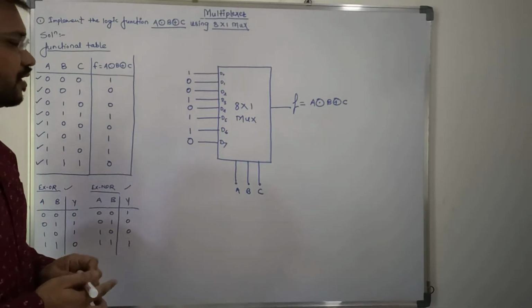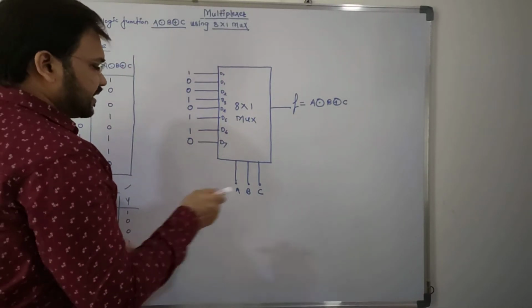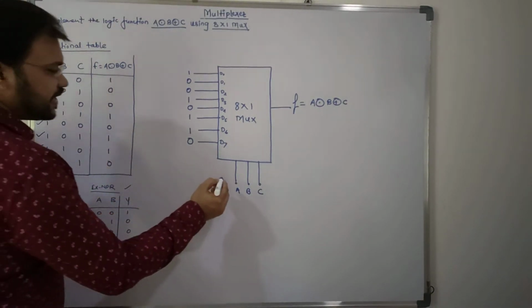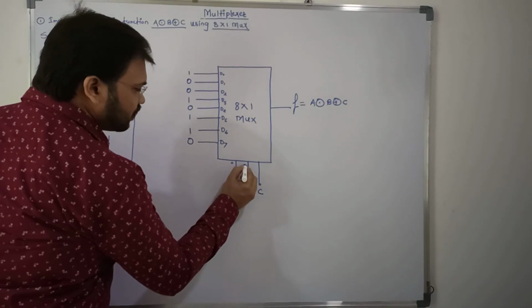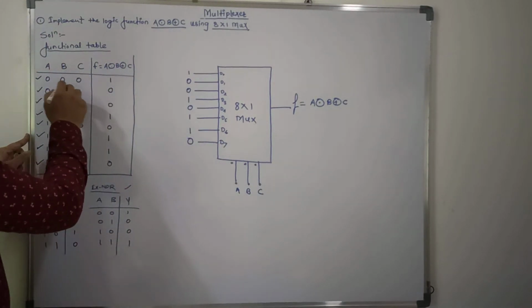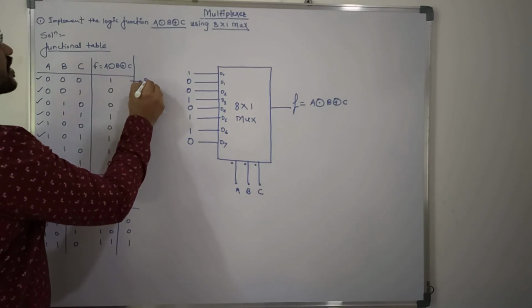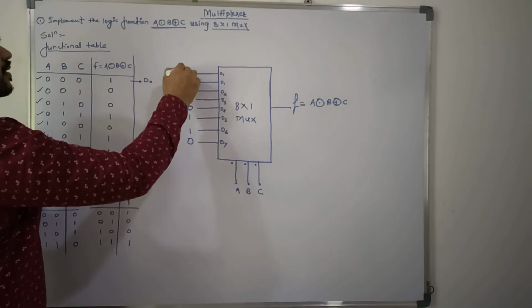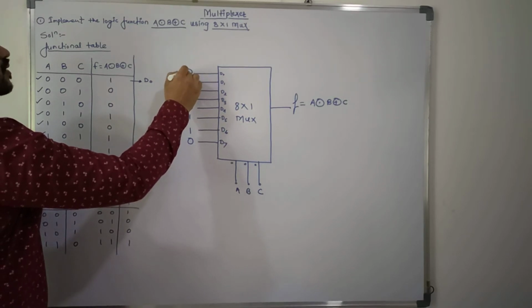If you select ABC as 0 0 0, then D0 is selected, and the value of D0 is 1, so the final value of F is 1.